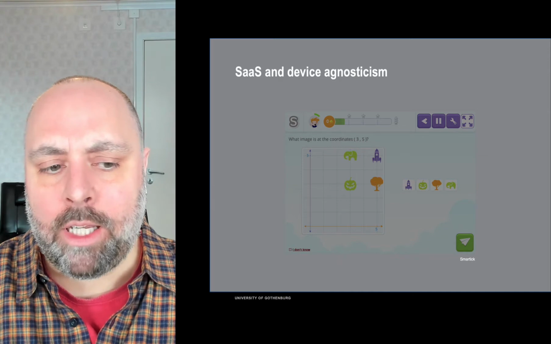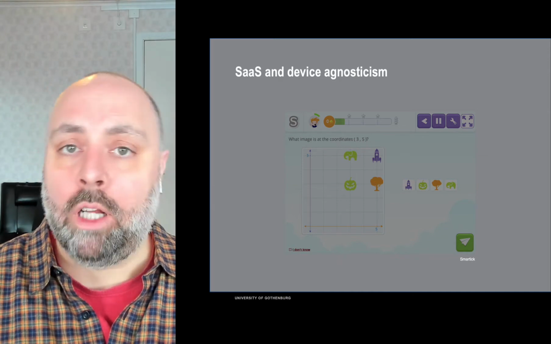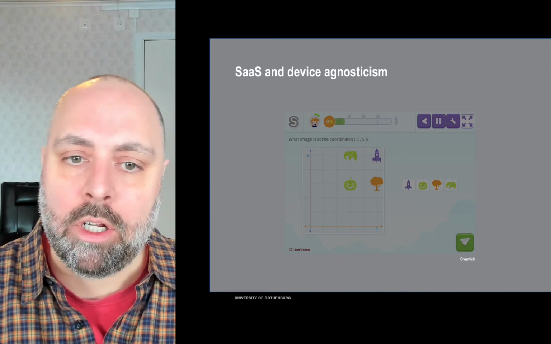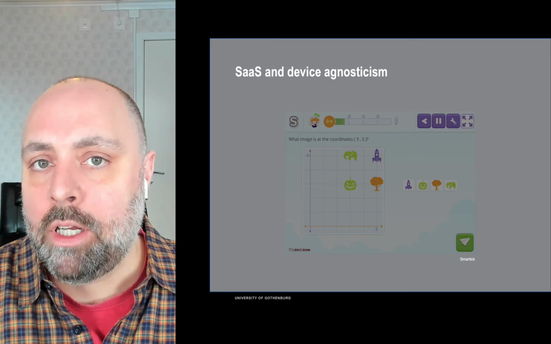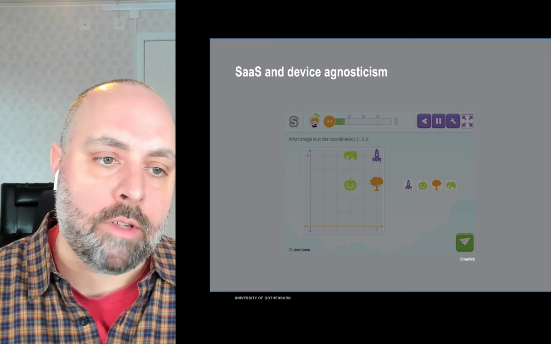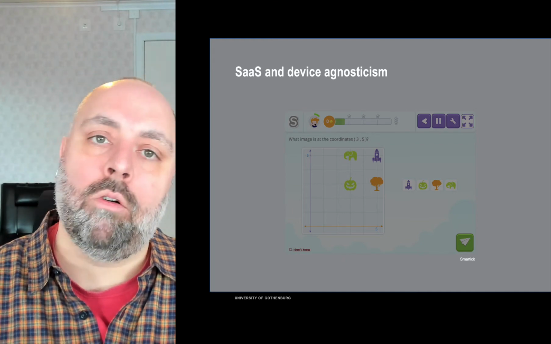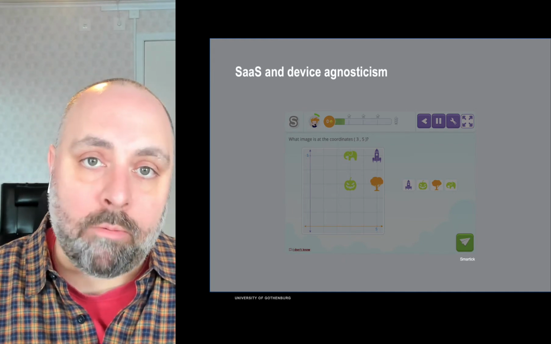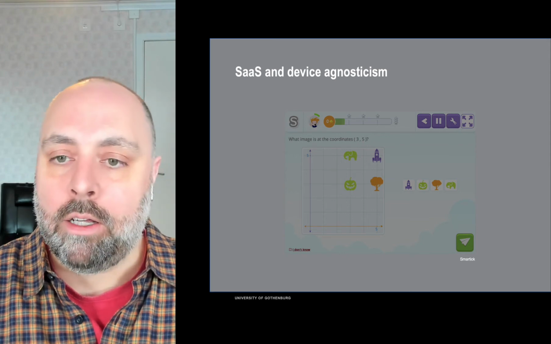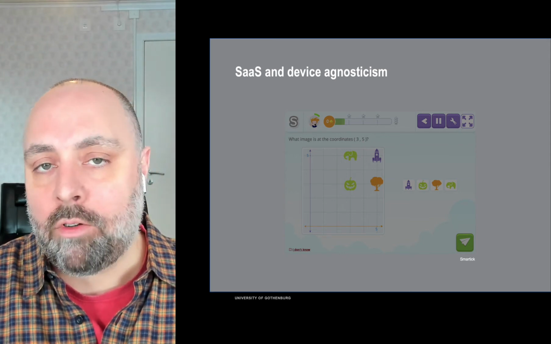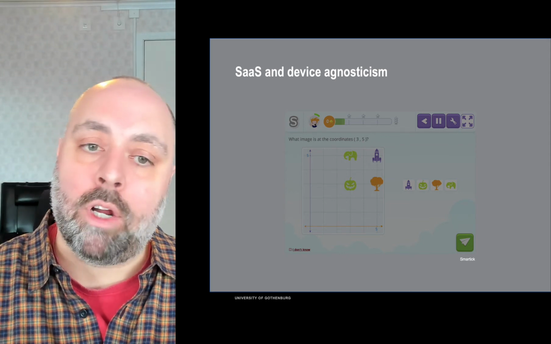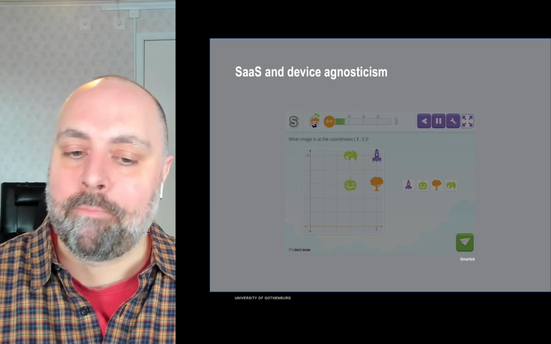In this example, you see SmartTick, which is an online learning platform. And you'll see this in most classrooms today, that the kids are using online learning platforms that are browser-based, or using technologies that are largely browser-based. They don't need to install software on the devices anymore. It all runs in the cloud, so to speak.